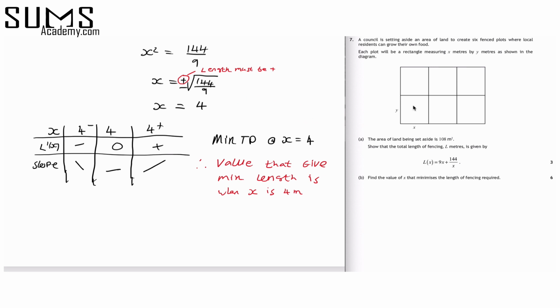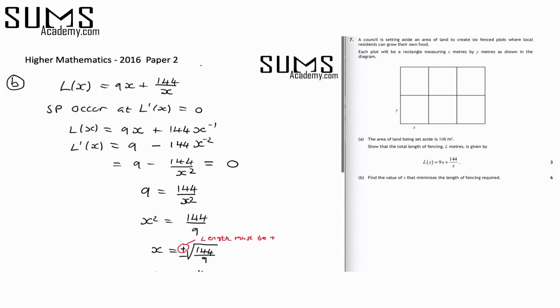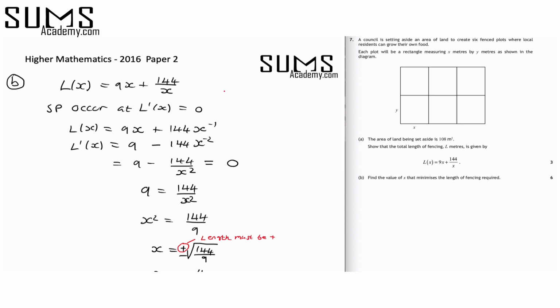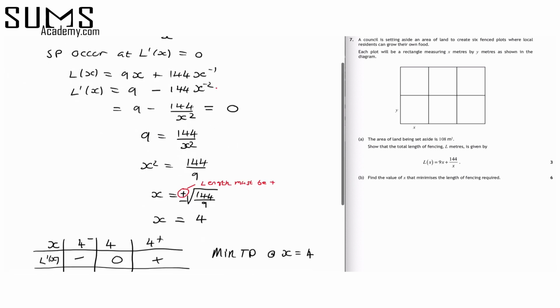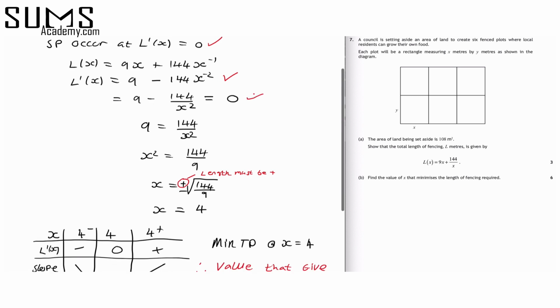So let's go back and see where you get the marks from. Well, you get 1 mark for knowing to differentiate. You get another mark for completing the differentiation. You get 1 for setting equal to 0.